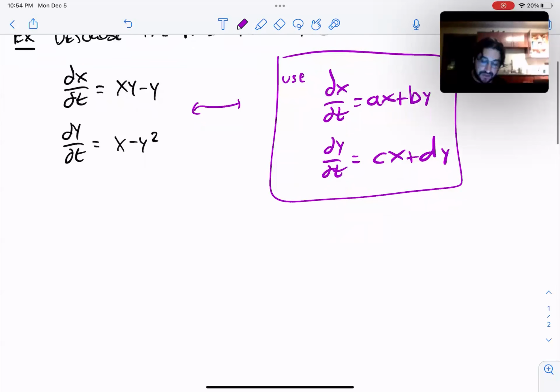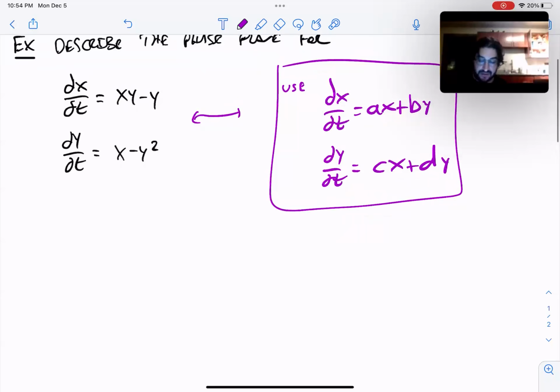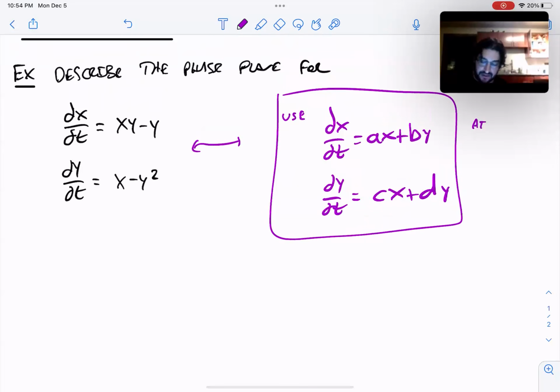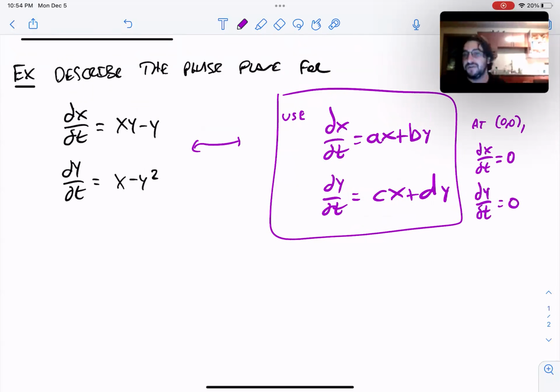So here's how we do that. Notice at the origin, a system of this form, this purple linear system, you're always going to have a stationary point at the origin, right? What do I mean by stationary point? The system's in equilibrium. X is not changing, Y is not changing. The system is just sitting there at the origin. It's still.